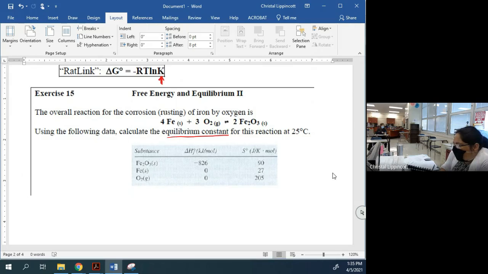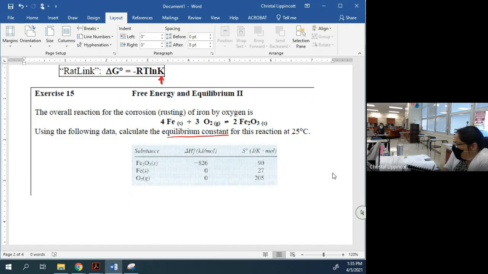We've got our overall reaction here using this data. We're going to try to figure that out. So delta G is something that we're going to have to calculate here. And this might be something that they would end up giving you, something similar to this, okay? They're going to give you your delta H's, they're going to give you your S's.